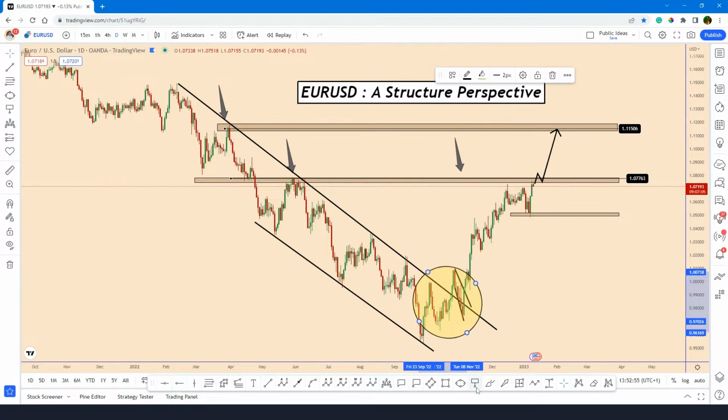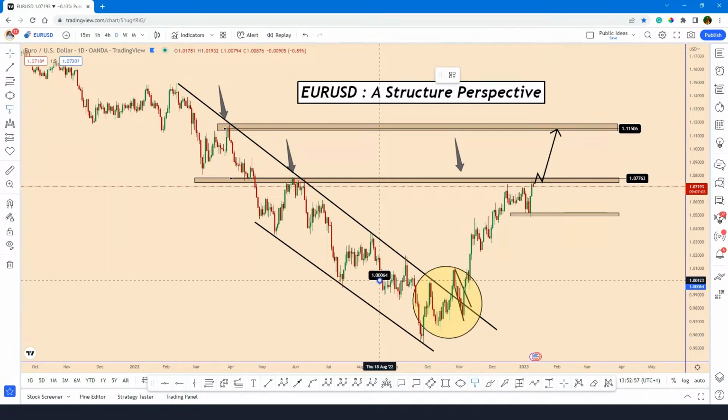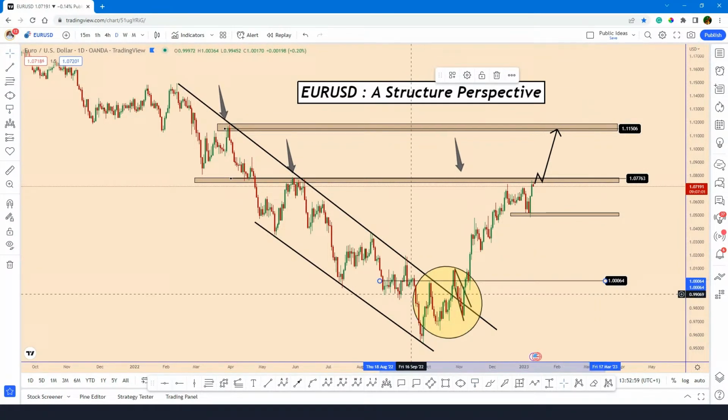When the price reached the parity level here at 1.0, the European Central Bank didn't react at all. So we can see very clearly that they are not supporting the economy. What is happening is only the speculation with the US data, in my opinion.